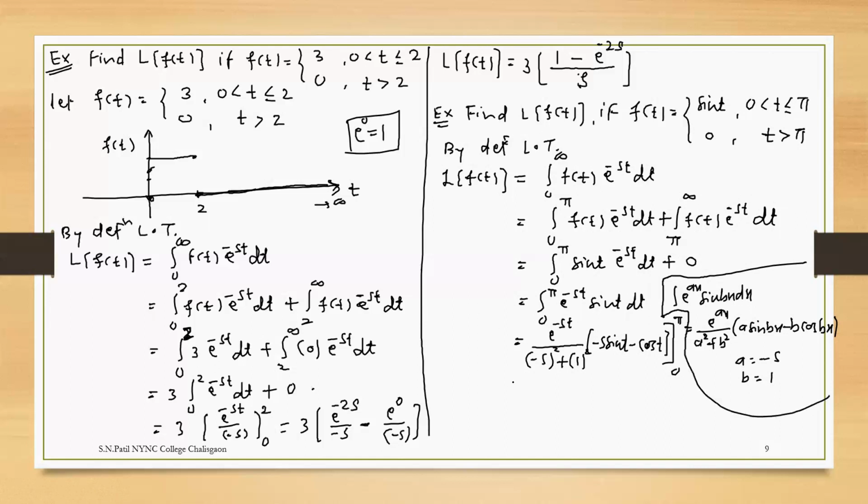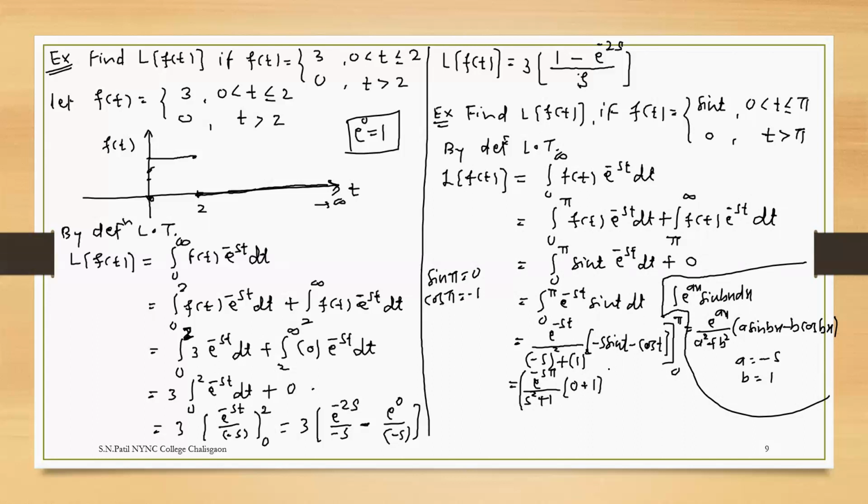Now put the upper limit t equal to pi: e raised to minus s pi divided by s square plus 1, times minus s sin pi minus cos pi. Sin pi is 0 and cos pi is minus 1, so minus minus gives plus 1.